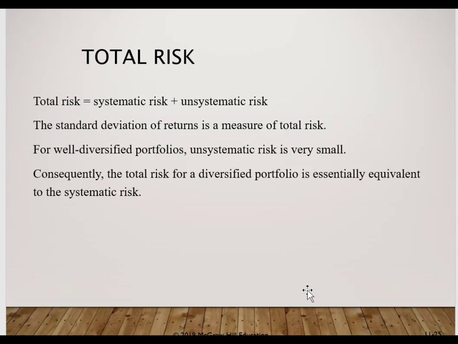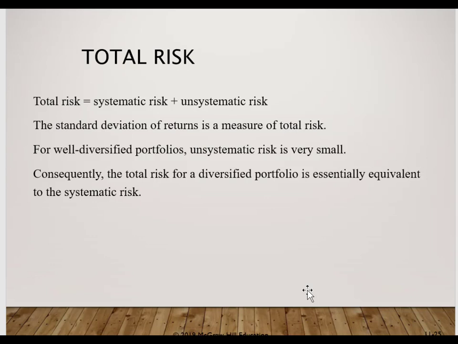So again, how can we say that in a different way? Essentially, if you have a portfolio that is very well diversified, there is no unsystematic risk. There is no company specific risk in that portfolio.